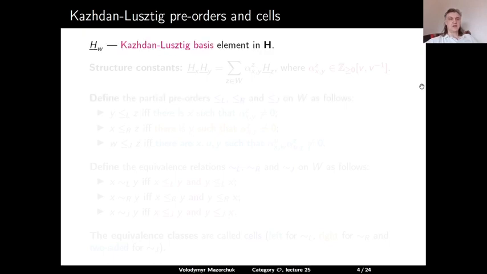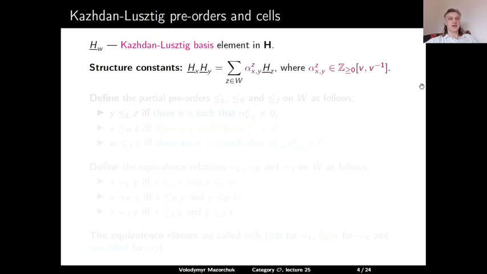So for each w in W, we have the corresponding Kazhdan-Lusztig basis element h_w underlined in the Hecke algebra H. And all Kazhdan-Lusztig elements form the Kazhdan-Lusztig basis of H. So denote by alpha_{x,y,z} the structure constants of H with respect to this basis.